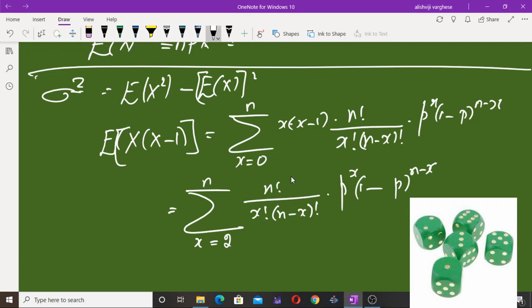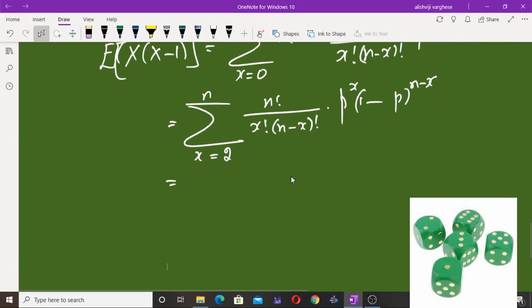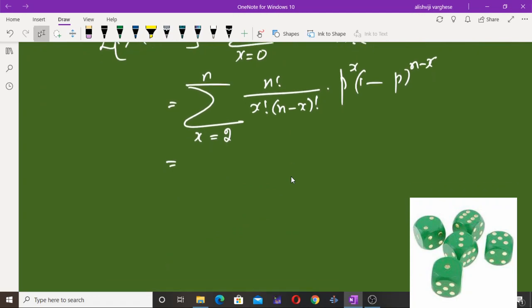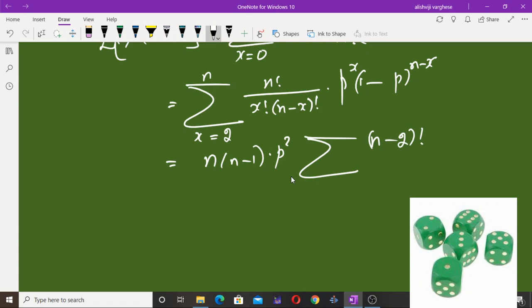And now, as in the previous case, I'm going to take n into n minus 1 outside from this n factorial and a p square outside from p raised to x. So what remains is an n minus 2 factorial, and in the denominator we have x factorial, n minus x factorial.